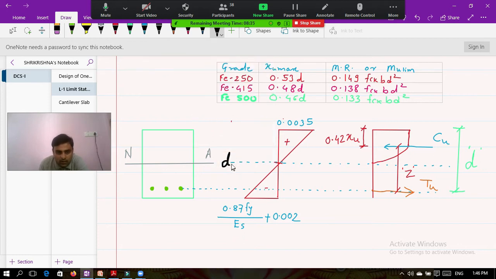And from the topmost point to the last point at the bottom, that is the overall depth, capital D. Now if I want to know the value of Z, then Z is equal to d minus 0.42 xu. This lever arm distance Z can be calculated as d minus 0.42 xu.